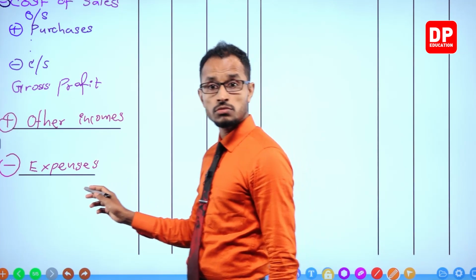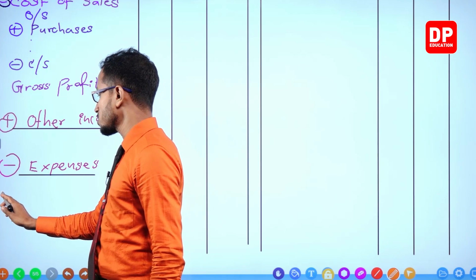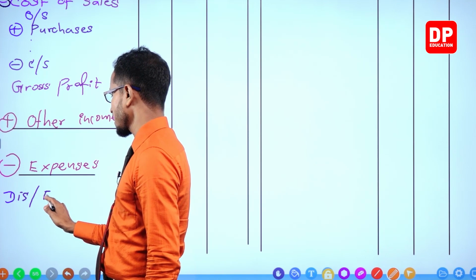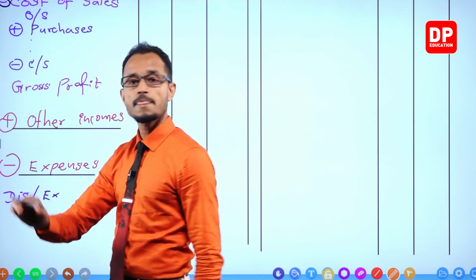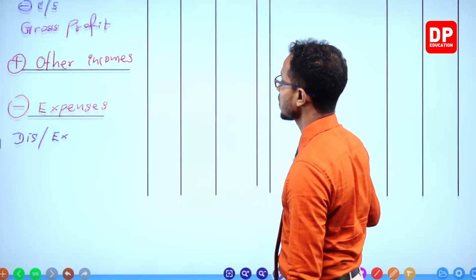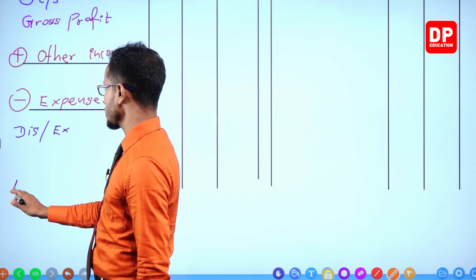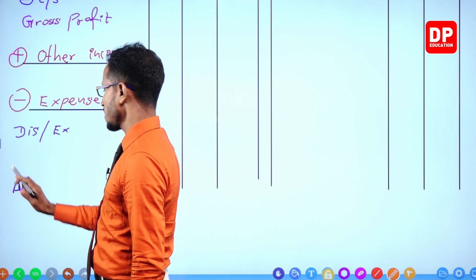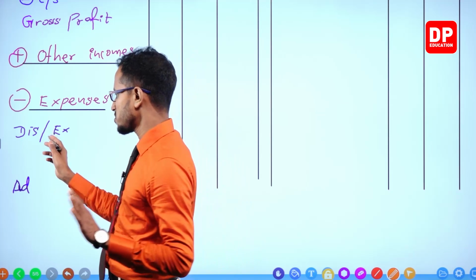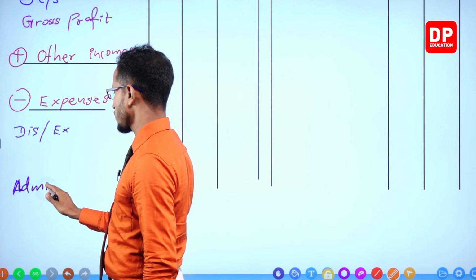Yeah, we know. Under expenses, we get distribution expenses. I'll just write distribution expenses like this. Then we get administration expenses. Leave 5 lines, maybe 6 lines, more than enough, for distribution expenses. Then admin expenses also, you can leave 5-6 lines.